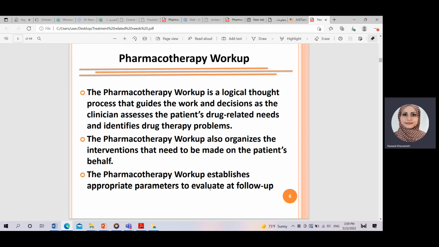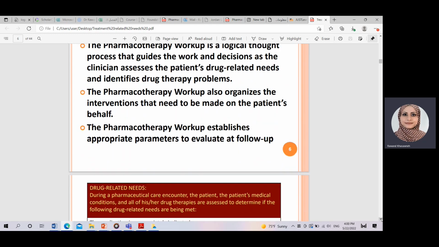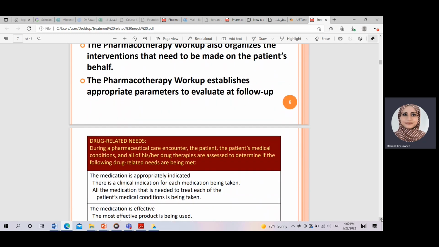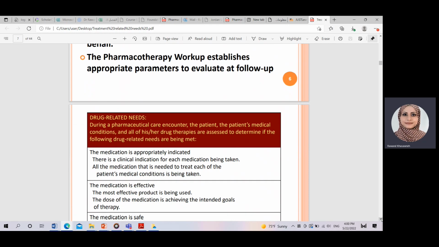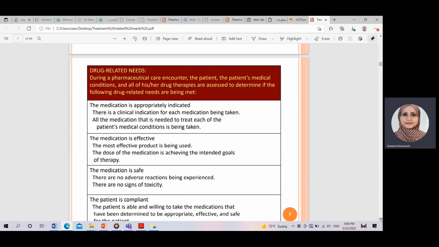The pharmacotherapy workup establishes appropriate parameters to evaluate at follow-up as well. So we can identify the problem, set up the intervention, and then set up the appropriate parameters to evaluate at the follow-up step to evaluate outcomes of the intervention.